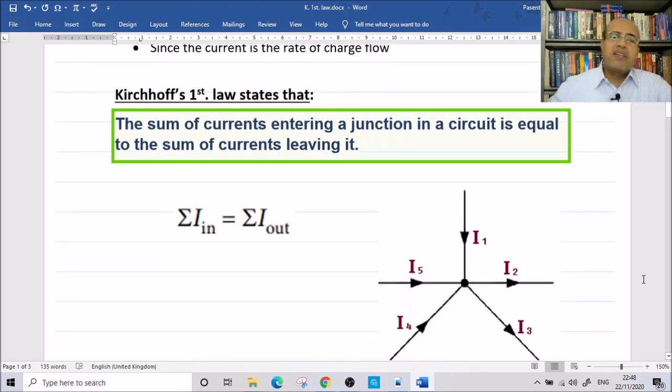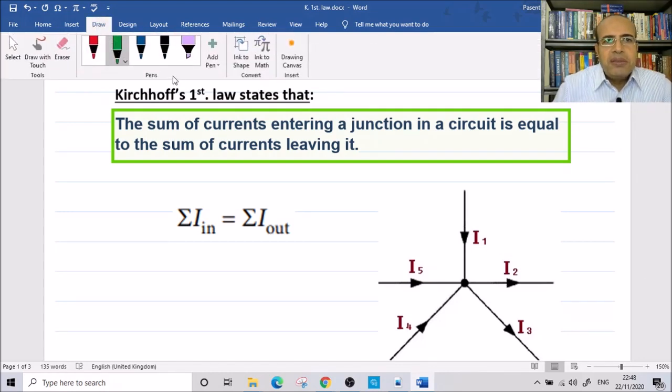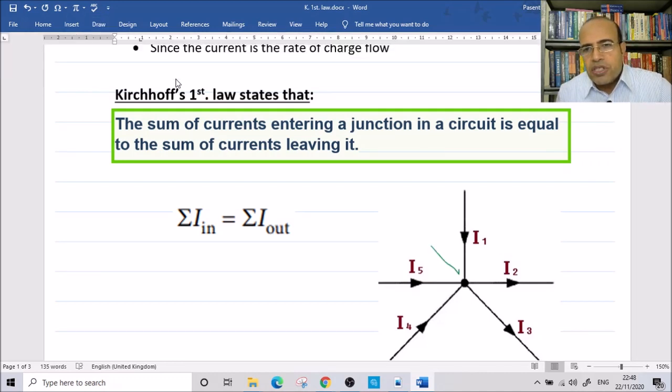How can we decide the current in or out? It depends on the arrow. For example, if we look at this, this point here is called a junction. I1 is in, the arrow goes in, I5 is in, I4 is in, I2 is out, I3 is out.